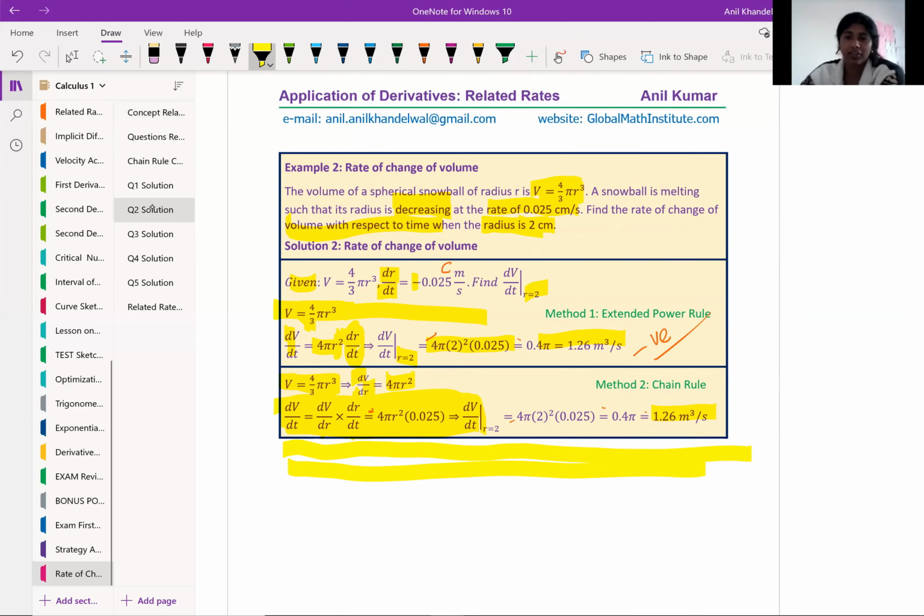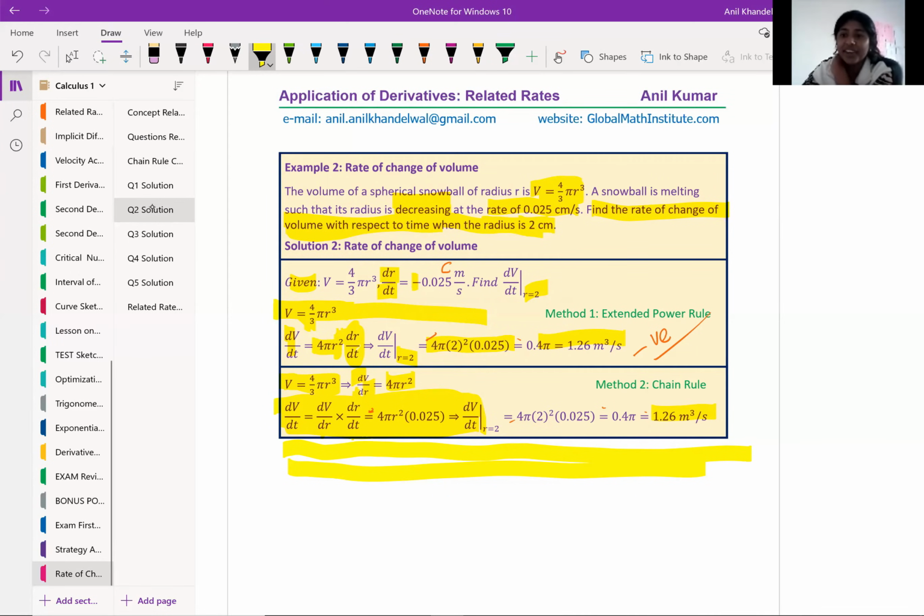You have to write, when it says find rate of change of volume with respect to time when radius is 2, you have to write the rate of change of volume with respect to time is this, with a negative sign, like a statement. Or if you use all positive, that the volume is decreasing at this rate, then also it is correct because that decreasing takes care of the negative sign.